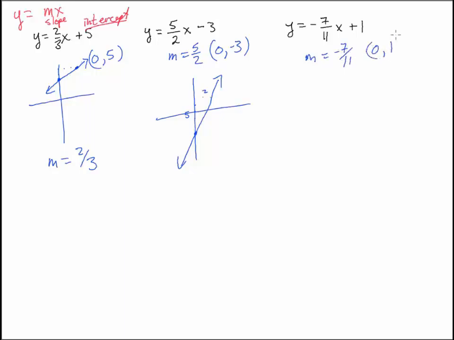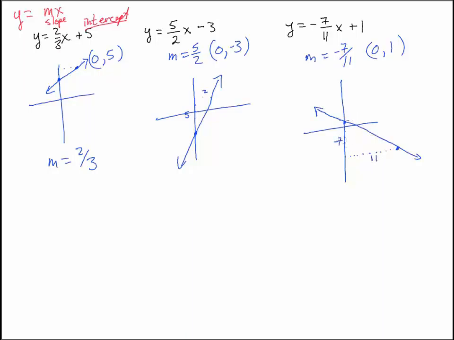And the point 0, 1. And we don't have to go through the whole process to find the slope. We can just pull it right out of there. 0, 1 is right there. And go down 7. 1, 2, 3, 4, 5, 6, 7. 1, 2, 3, 4, 5, 6, 7, 8, 9, 10, 11. And there's the next point right there. And we have that line, down 7, over 11.